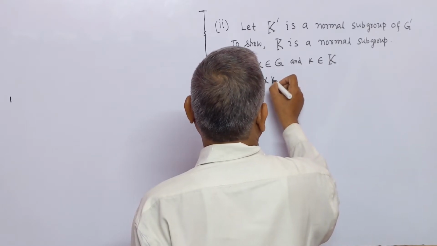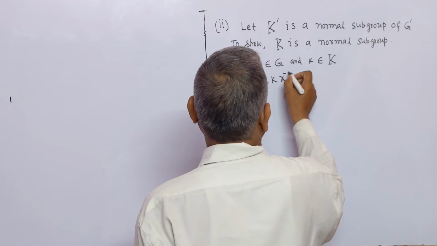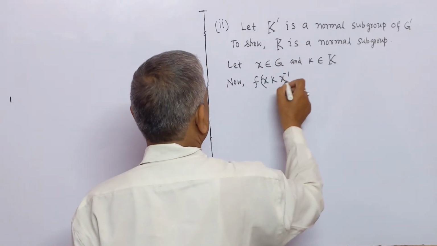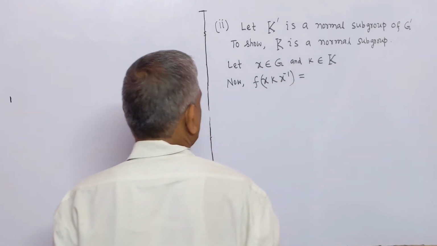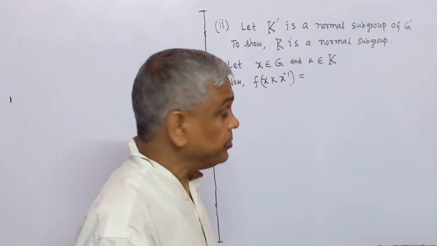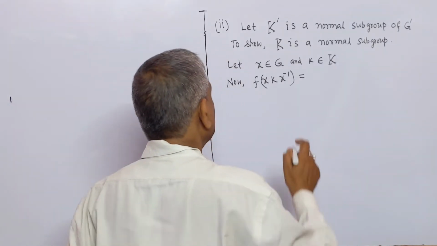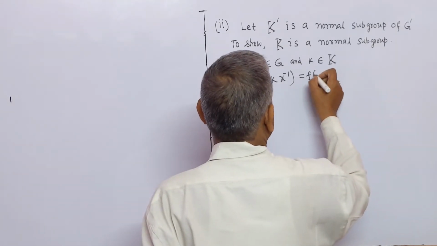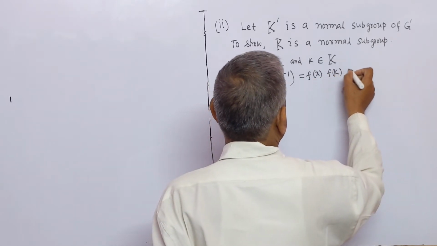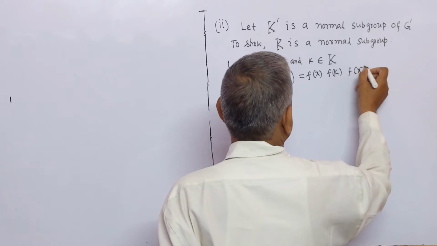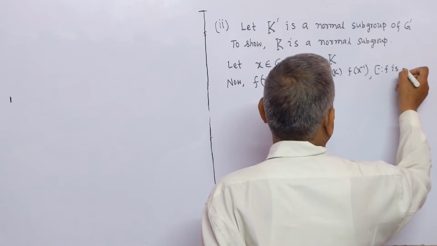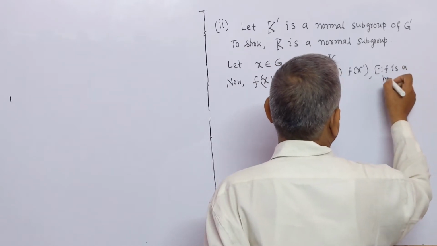Now x k x inverse. Now we use the function f. This is equal to, since f is a homomorphism, f(x) f(k) f(x inverse), since f is a homomorphism.